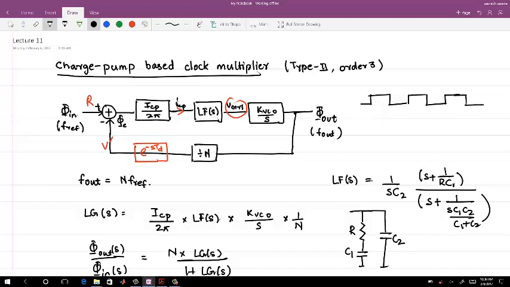The output of the divider ideally is this. But because of the delay associated with the divider, let me amplify that. So let's say the divided output is this, because of the delay through the divider. Now this edge is going to lock to the reference.